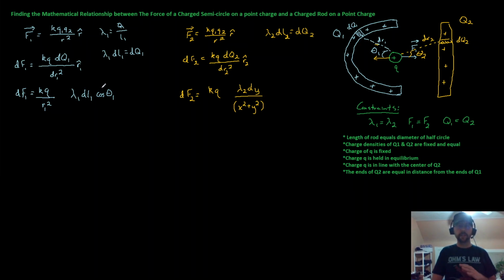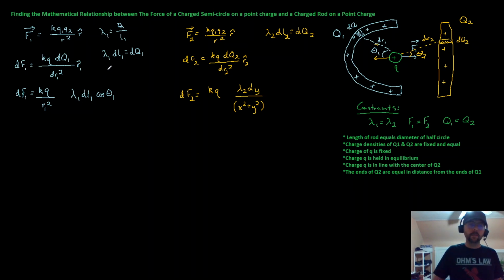The variables that change during the course of integration, ideally we want to just have one. So right now, this lambda sub 1 could get moved over here because it does not change. Charge density is constant throughout. But dl and theta both change.